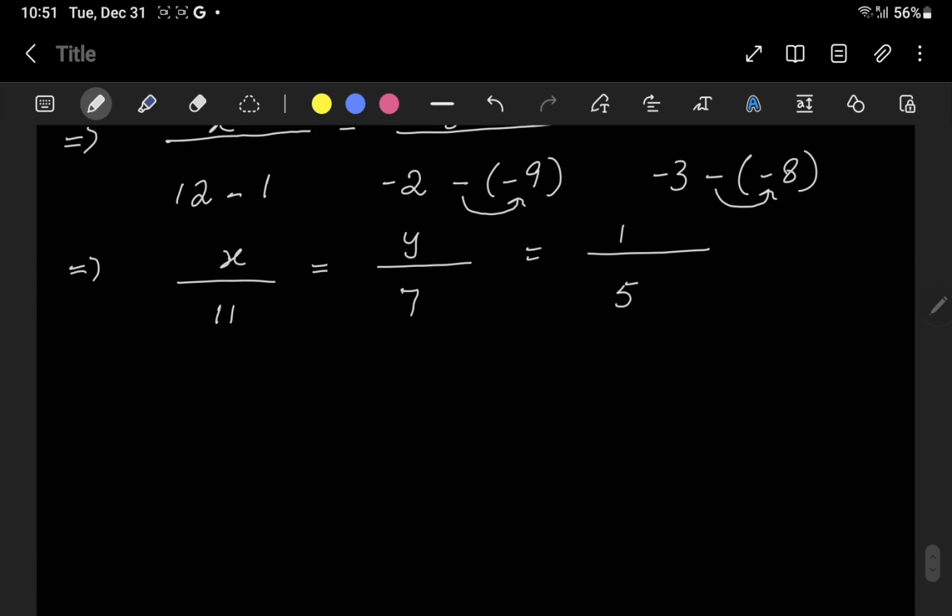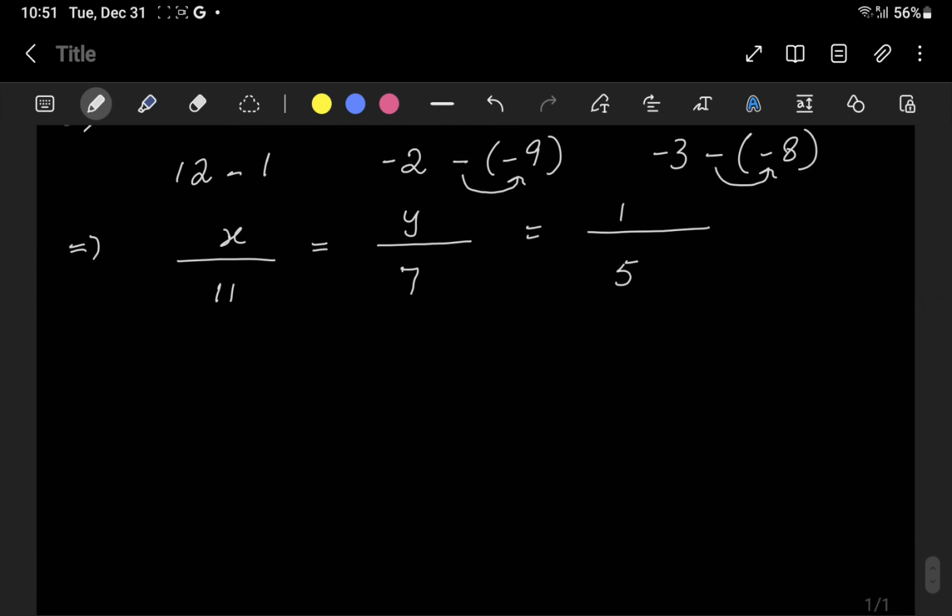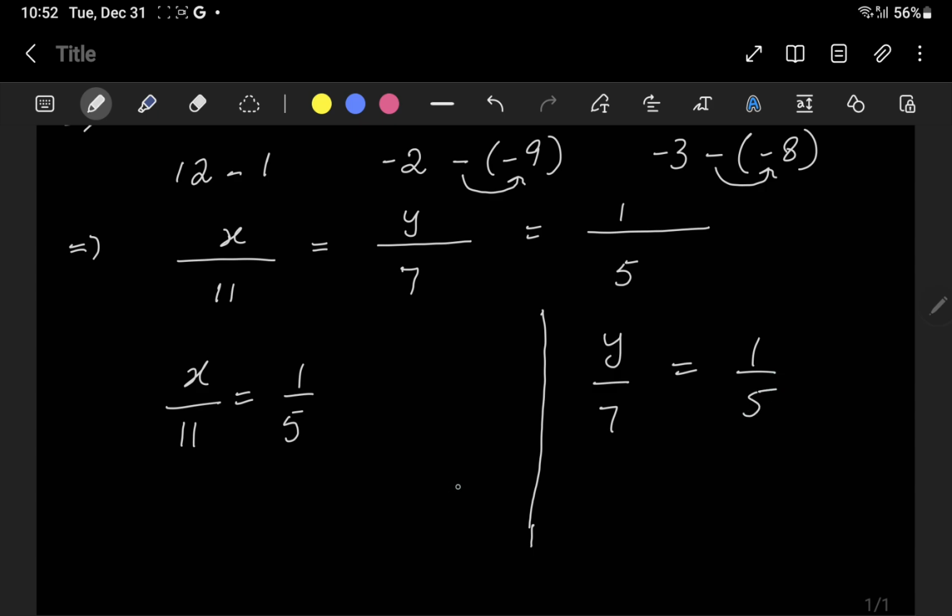Again in the next step, now we will use the variables with these constant numbers. x upon 11 equals 1 over 5 because we have to find the values of x and y, and y upon 7 is equal to 1 over 5.